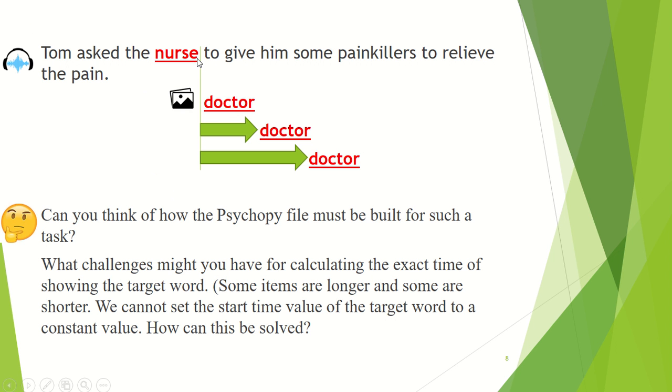For example, in this sentence, maybe the prime word is after 3 seconds from the onset of the sentence, but in the second sentence, maybe the prime word is somewhere in the middle of the sentence. So you might have a challenge, but think about it and think about a solution and suggestion for how to solve the problem.